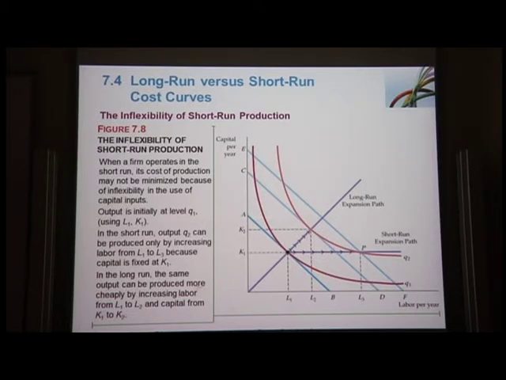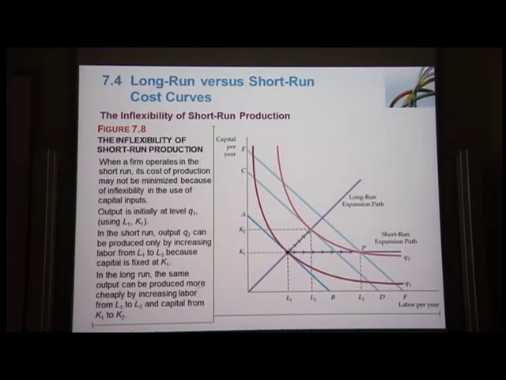The short run expansion path, you will see up till where we have L1 and K1, up till that point, that means Q1, it is like a normal upward slope, but then it becomes horizontal because capital remains fixed. So the short run expansion path becomes horizontal because capital is assumed to be fixed in the short run.